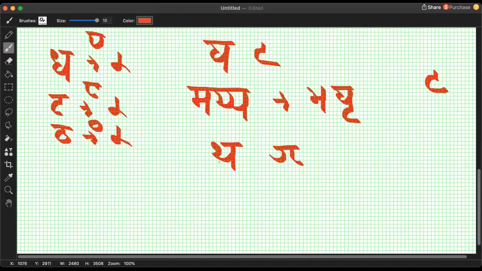This is th. Say you want to write arth. I'll first write the Devanagari word. This is th, right? And on top, we'll write here. So this is how artha is written in Devanagari.